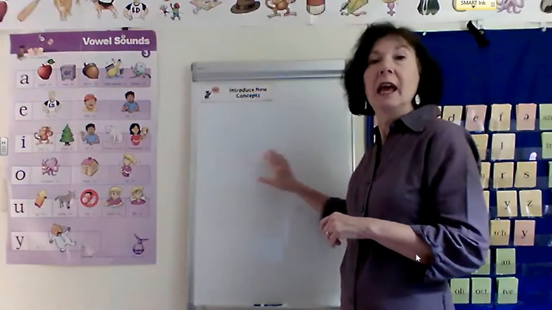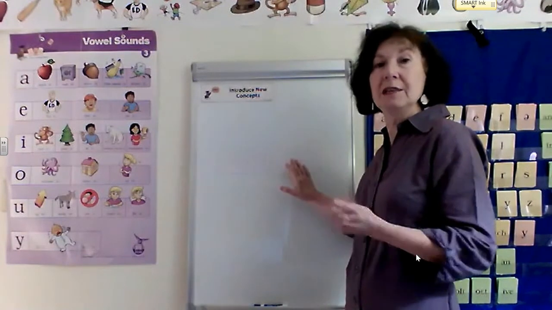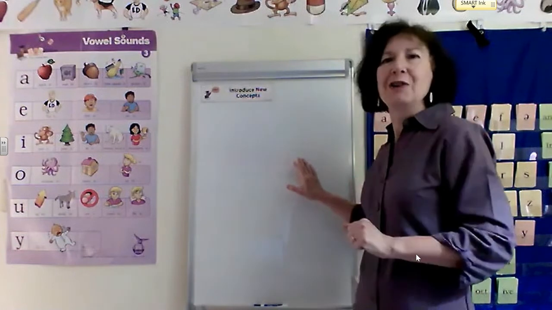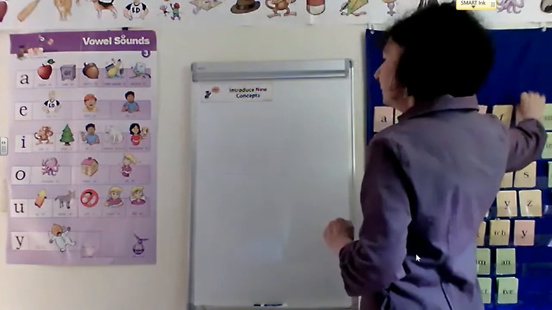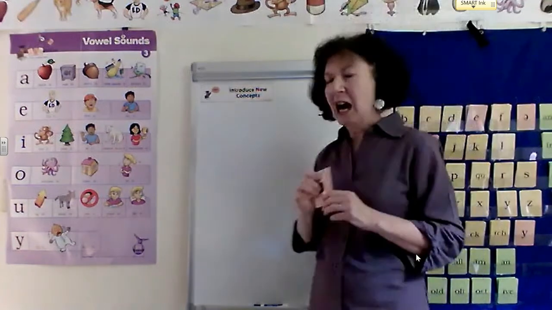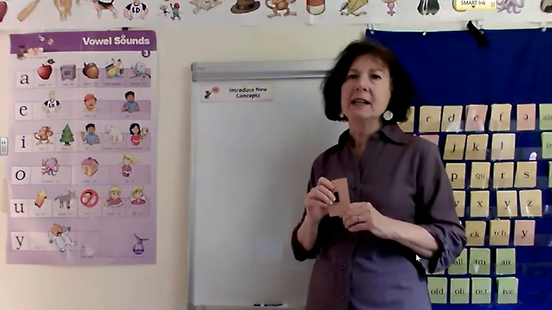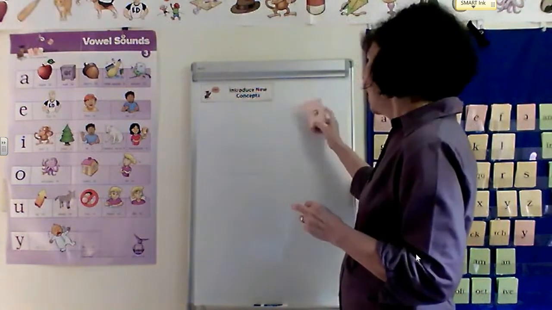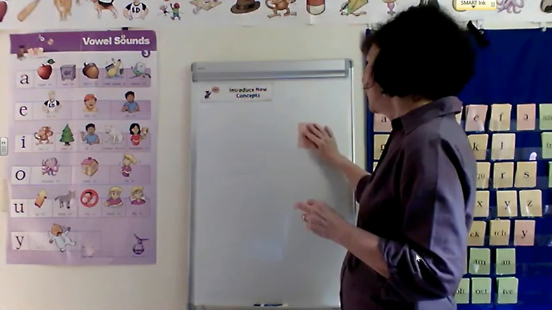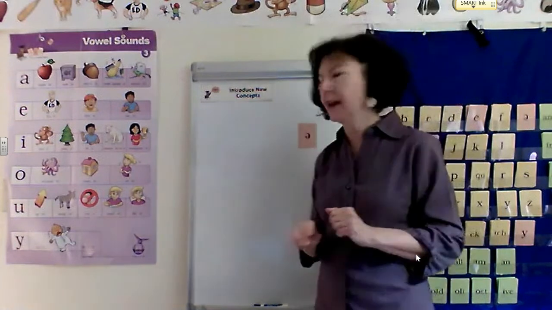Good, ex. And then we have our second syllable. What is it? I heard you. Tra. Now, when you hear uh at the end of a word, we know that that's going to be our schwa sound. So let's go ahead and spell that word now.